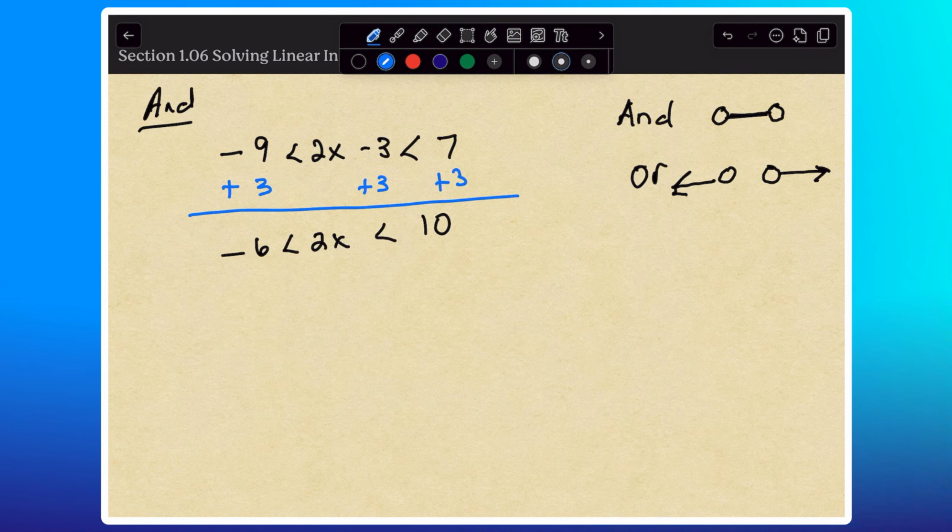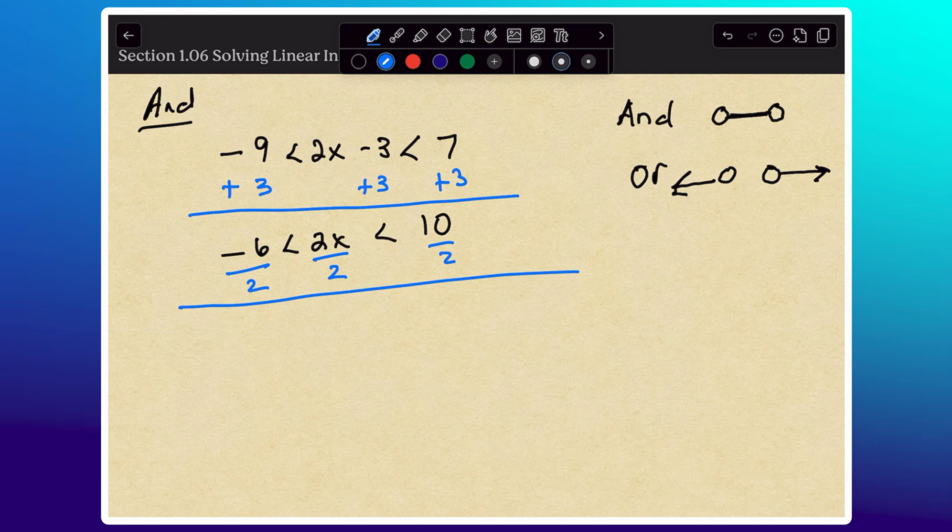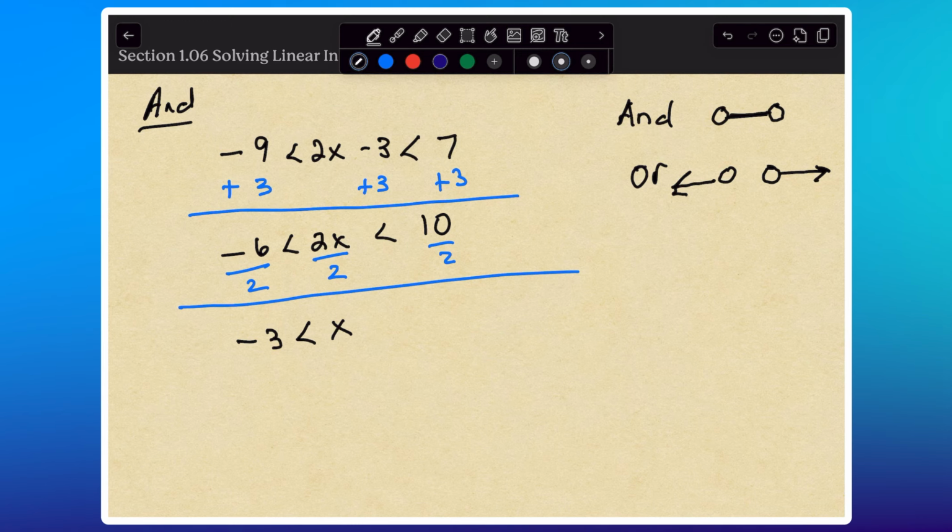We're going to divide by 2 here, divide by 2, and divide by 2. Then we clean that up. That gives us -6 divided by 2 is -3 is less than x is less than 10 divided by 2 is 5.